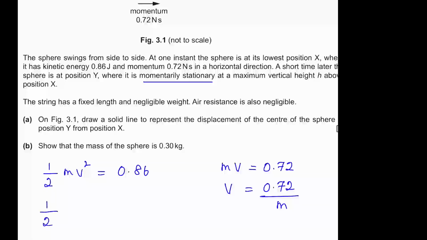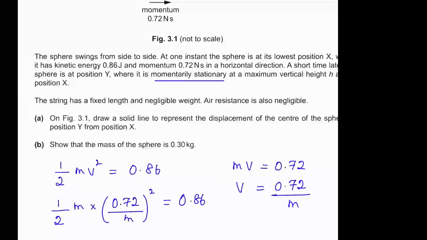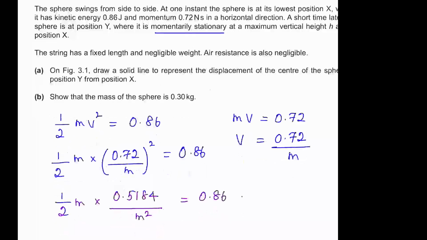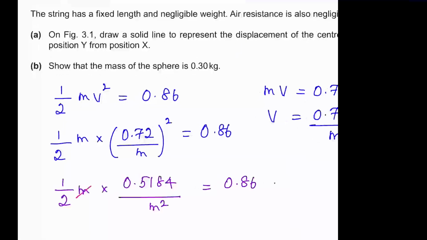Half m v square. V square will be 0.72 over m, that square. That is equal to 0.86. That is half m, 0.72 square will be 0.5184 divided by m square, that is equal to 0.86. So these m square and m will cancel off. One of these m's will cancel off with the same.